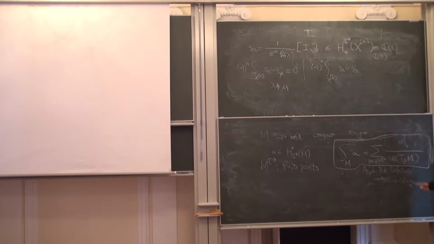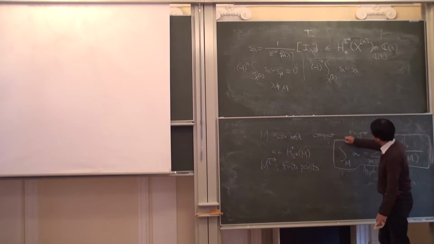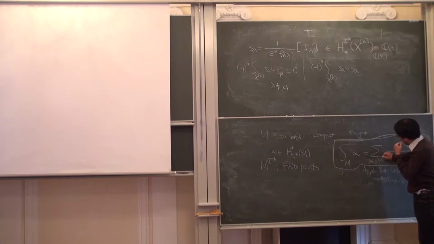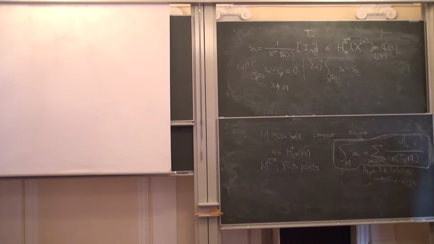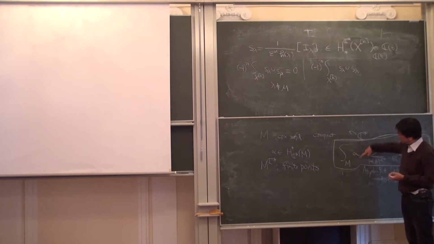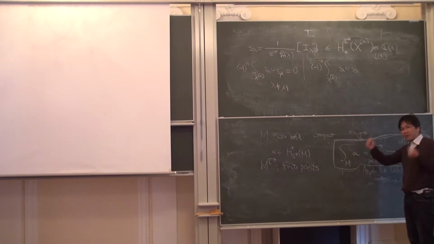Have you ever heard about this formula before? This is a kind of big generalization of integration by parts. Integration by parts means that instead of integrating over an interval, you just evaluate at the ends of the interval.